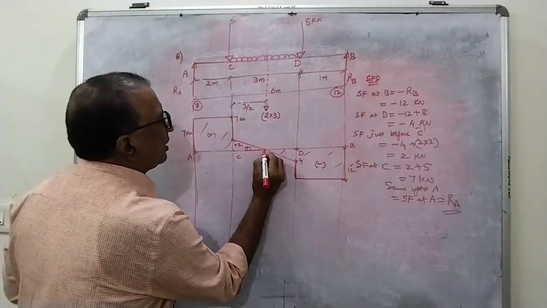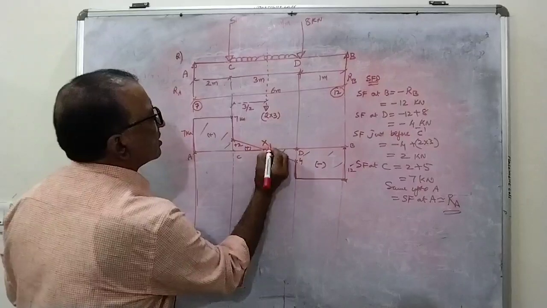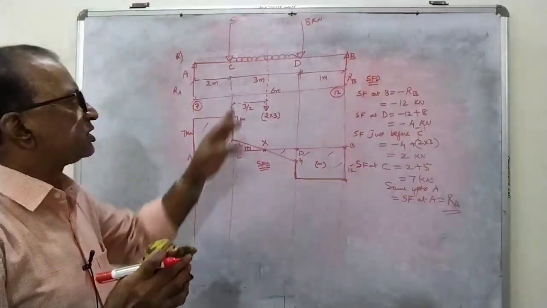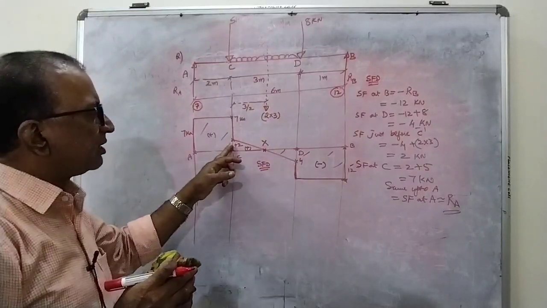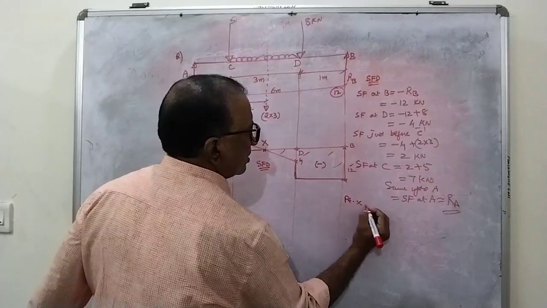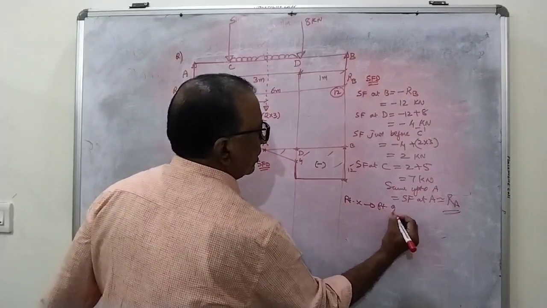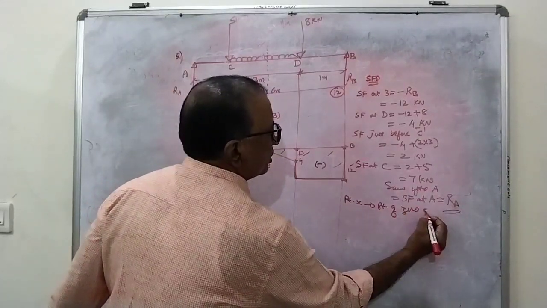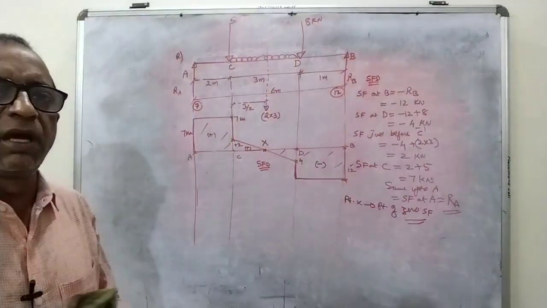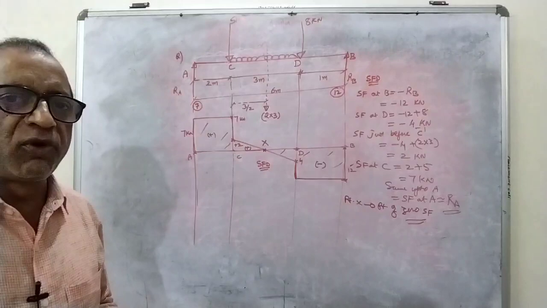So this point, let us name it as X. This is the point where the shear force is changing its sign, or you can say point X is the point of zero shear force. What is point X? Point X is the point of zero shear force.